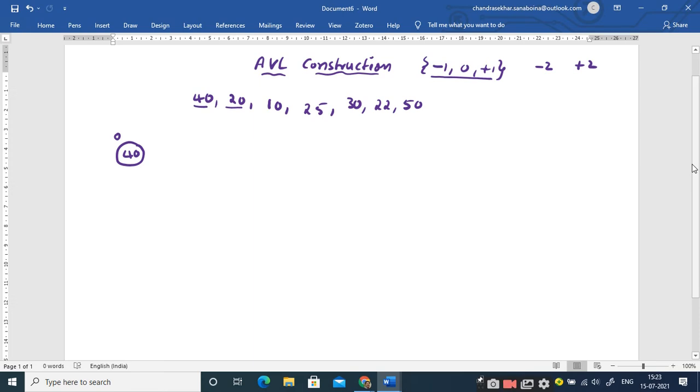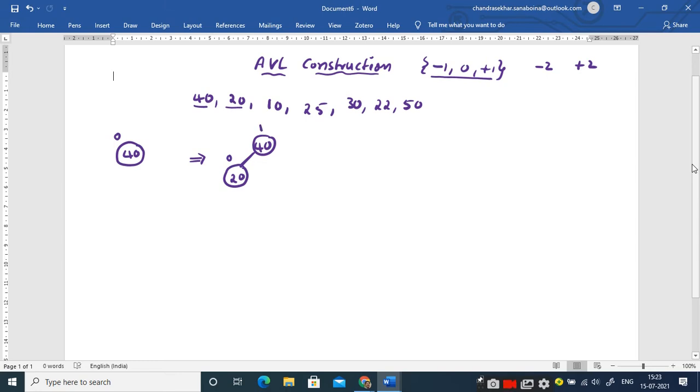Since 20 is less than 40, I should place 20 as the left child of 40. Now again calculate the balance factors of this 40 and 20. What is the balance factor of 20? It is 0. What is the balance factor of 40? 1, sir. It is plus 1.